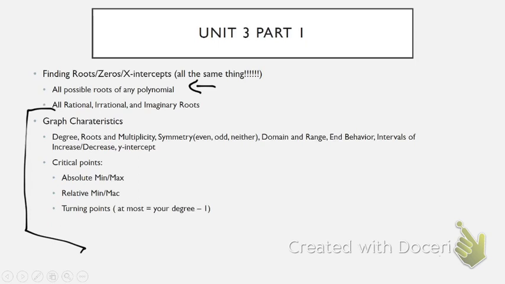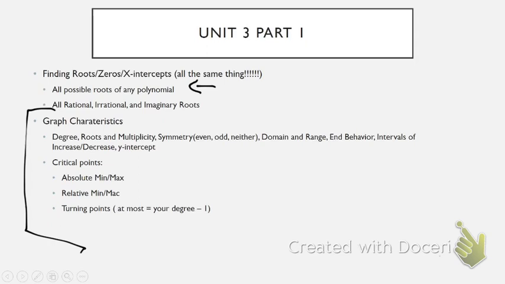Odd. An odd function is a function that has all odd variables. Okay? And then neither is when you have a mixture of even and odd variables. You need to figure out the domain and range. You're going to need to figure out end behavior, the intervals of increase, decrease, and your y-intercepts.